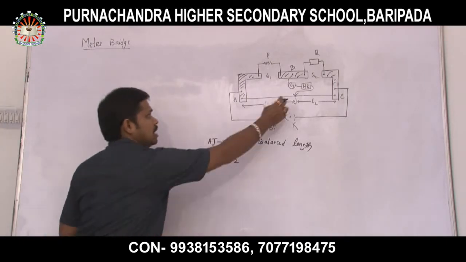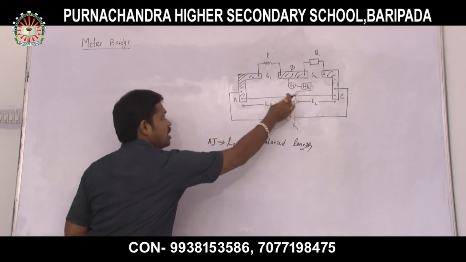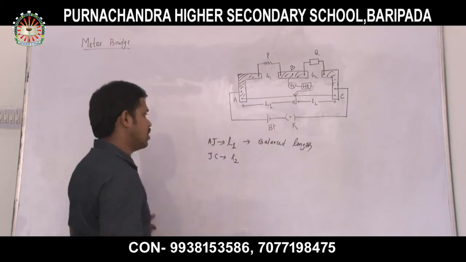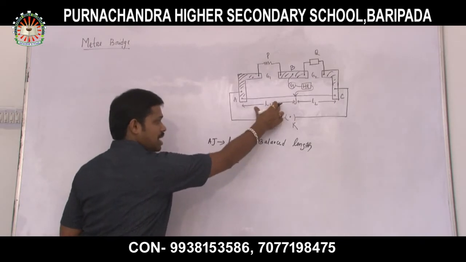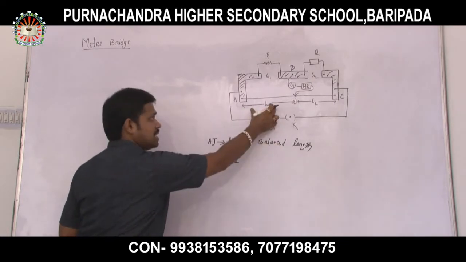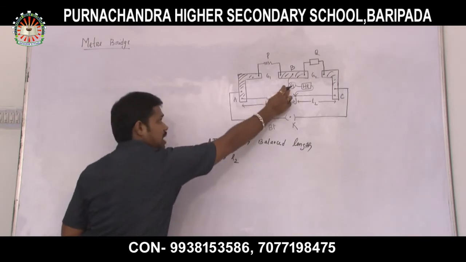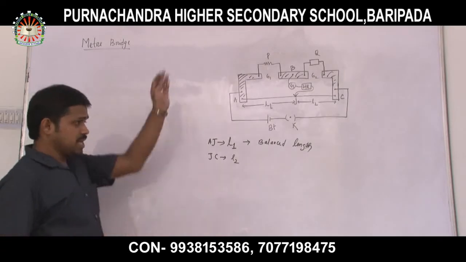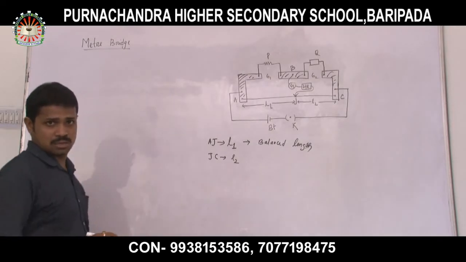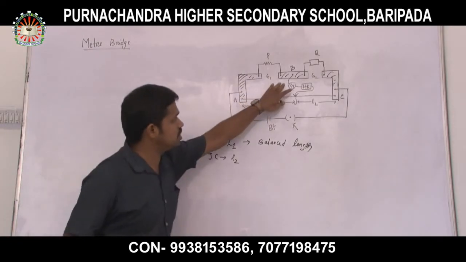So we place the jockey at that point J, and let the balanced length be L1. Balanced length means that at the length L1 the current in the galvanometer becomes zero and the bridge is balanced. There is no current flow in this part.